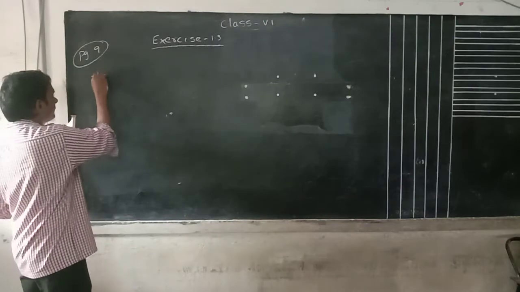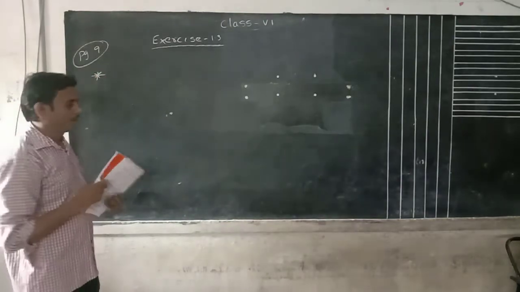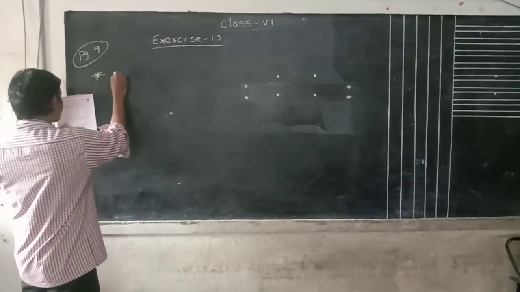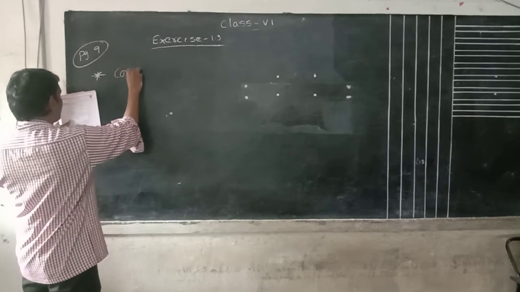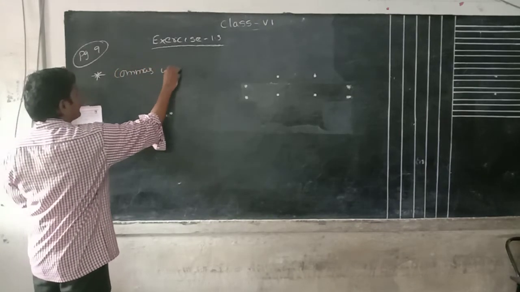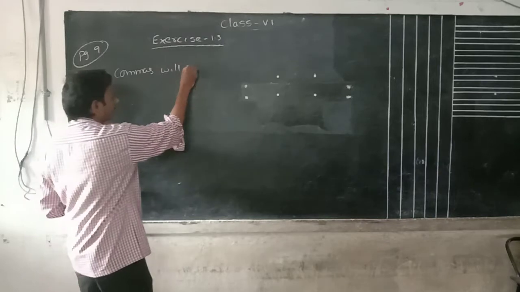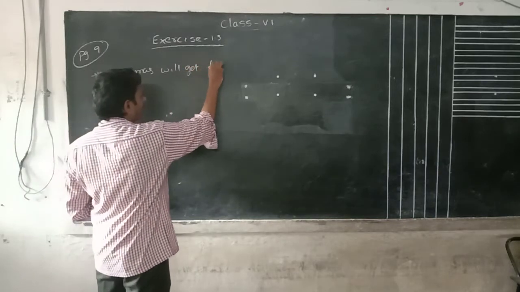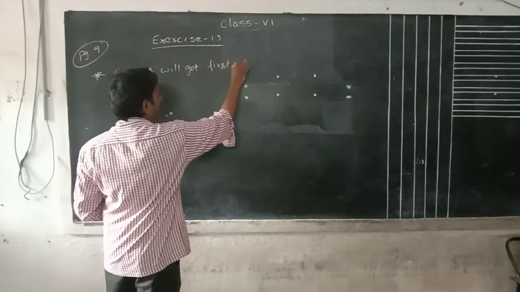Whenever you read, what is the important thing? Place commas. In the Indian system, the first comma comes after the first 3 digits.